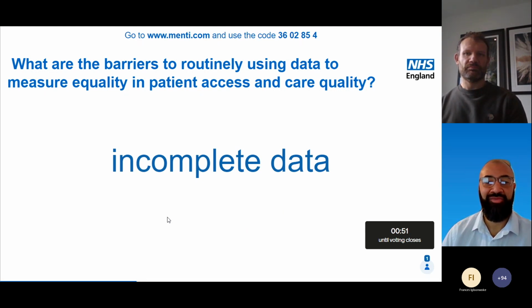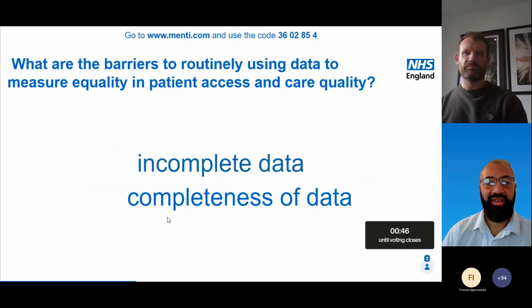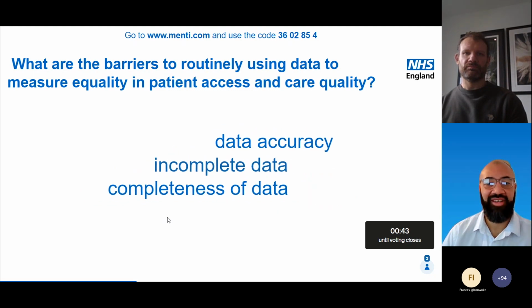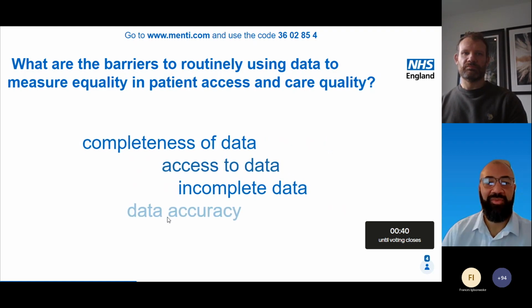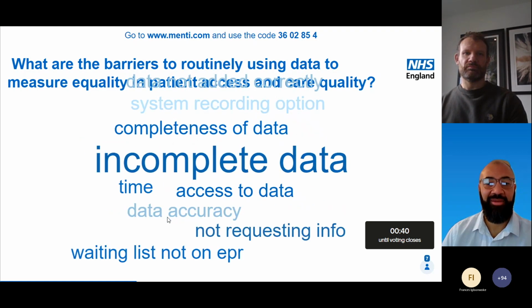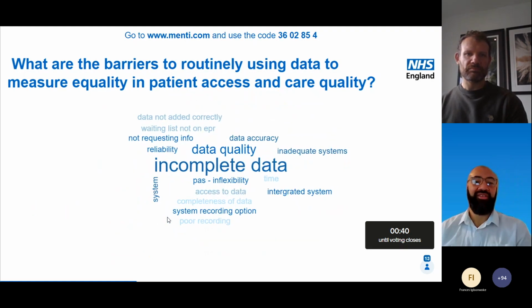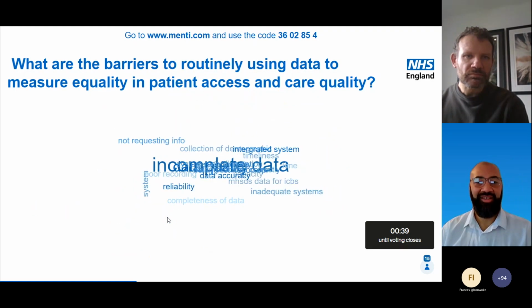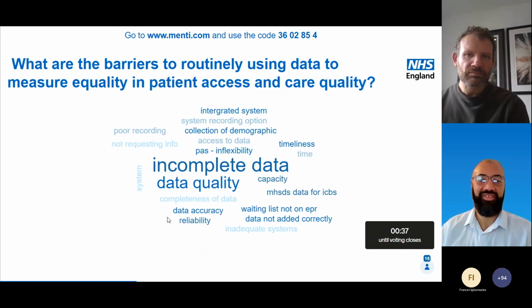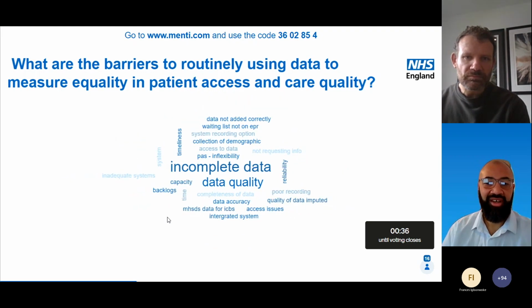Incomplete data, that's something that we're going to talk about in the slides that we've got. We see that's another one, around completeness and accuracy of data. So obviously that's a big issue, that if we can't get high quality data, then some people can see it's not worth using.